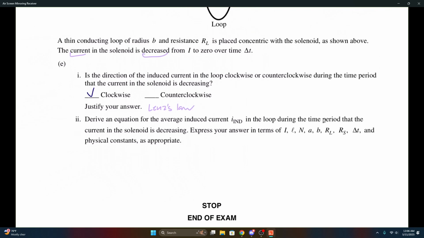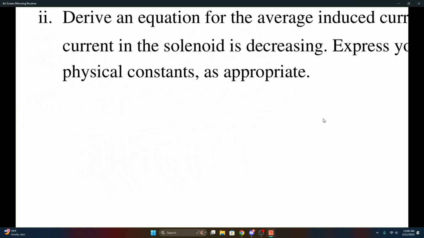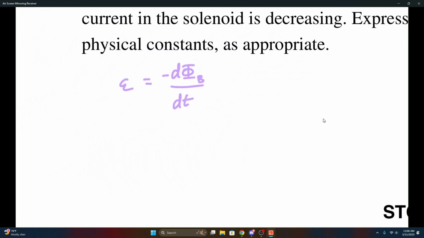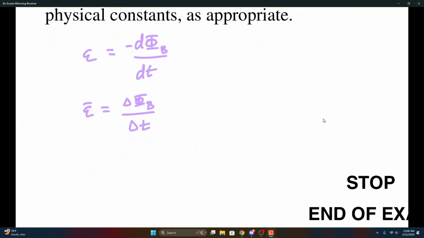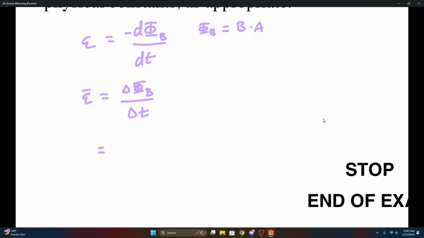Derive an equation for the average induced current in the loop. Okay. So we know that EMF induced equals minus delta flux over delta t. We're using averages here. We know that flux equals the field times the area, and the area is staying constant.